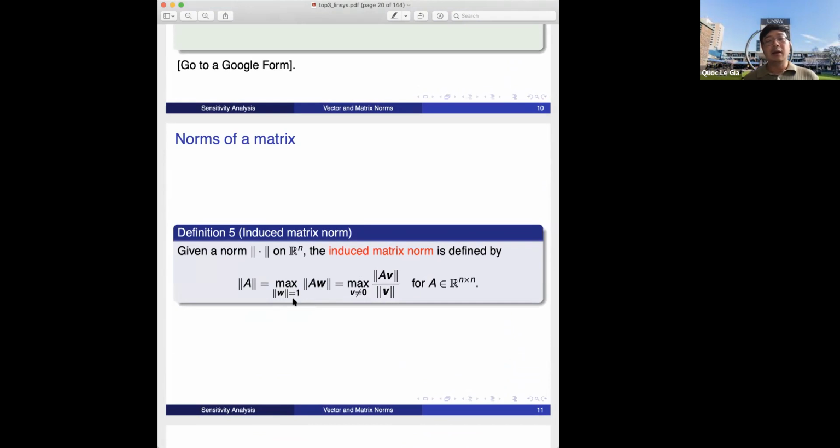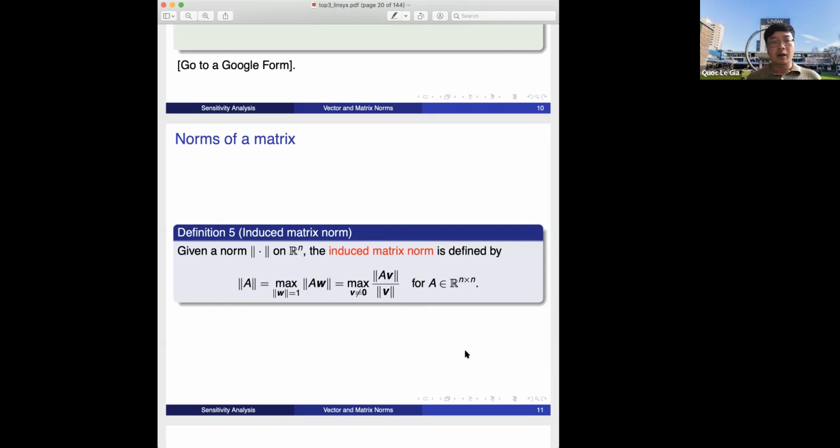Inside the disk it is smaller than on the boundary, so it's enough to take only the circle, and you take the radius of the ellipse. So it could be in any norm. Now this is equal to the second expression here. Let me show you why it's the same.